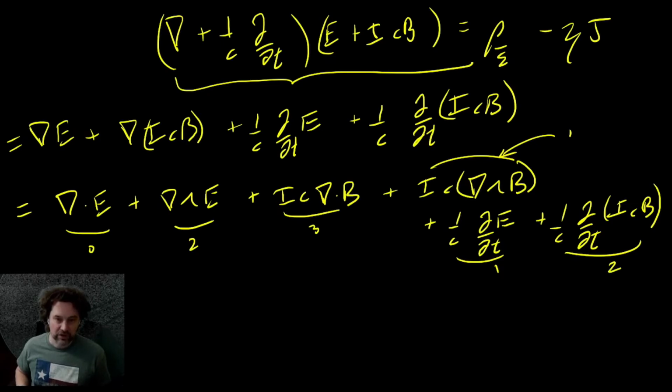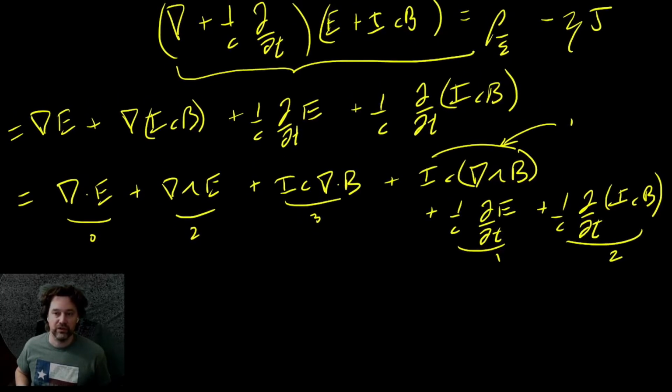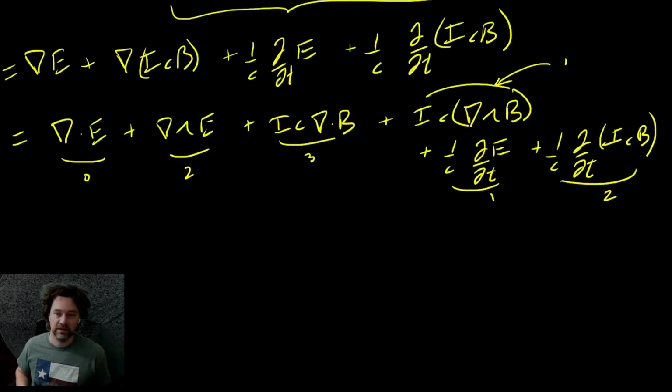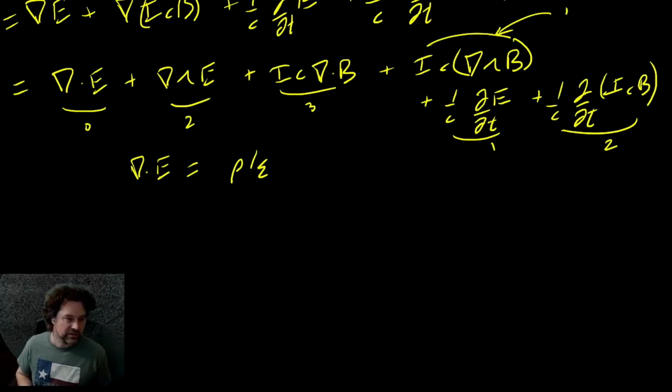So if we now go and group all of our terms, we should have one equation for every grade. So we write out our scalar term. We have grad dot E equals the scalar part of rho over epsilon minus eta J, which is rho over epsilon. And any other scalar terms? No. So there's the grade 0.